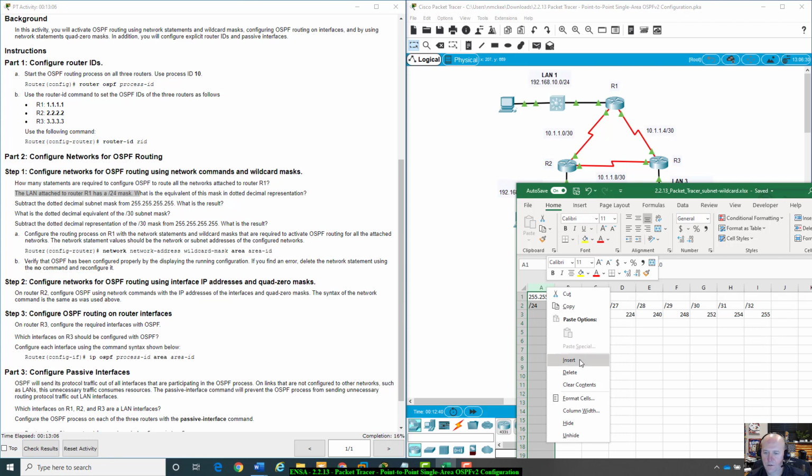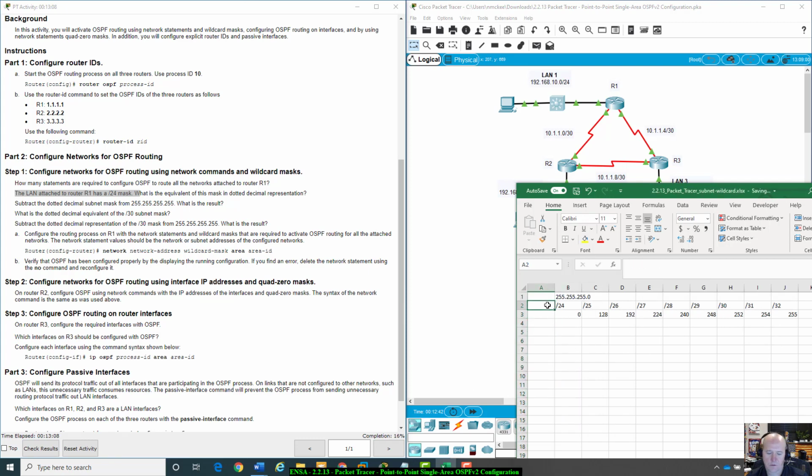Let me insert something right there. This is CIDR. This is subnet, and then wildcard. Now I'll start over here because this makes the most sense.